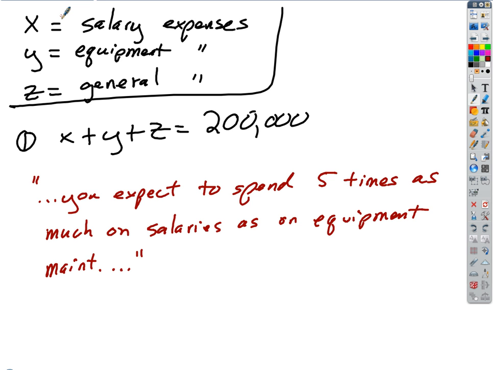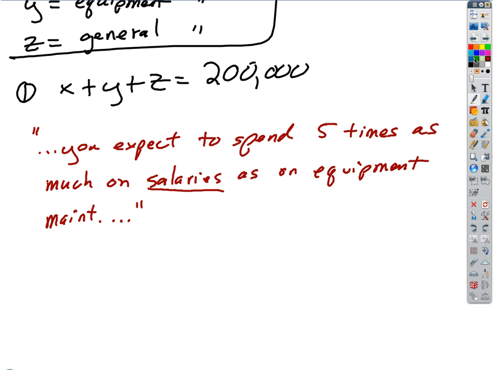So how could we do that now? You expect to spend 5 times as much on salaries. So we're really kind of defining how much we're spending on salaries, right? So couldn't we rewrite that by saying, how about salaries or salary expenses?